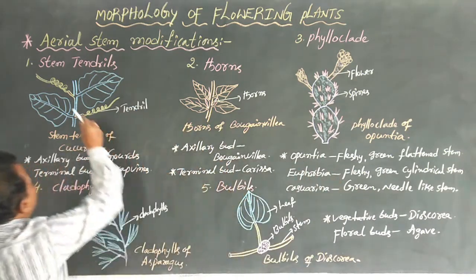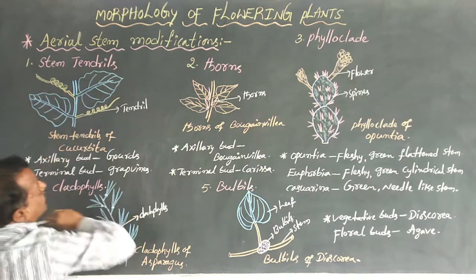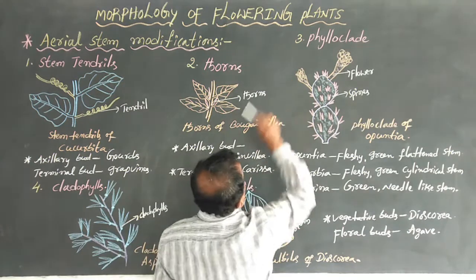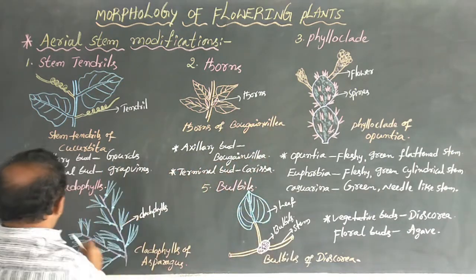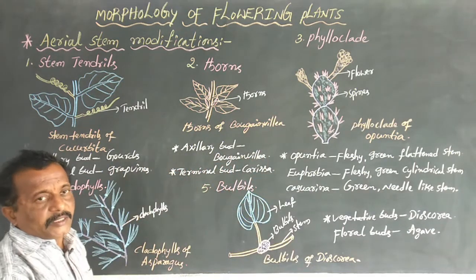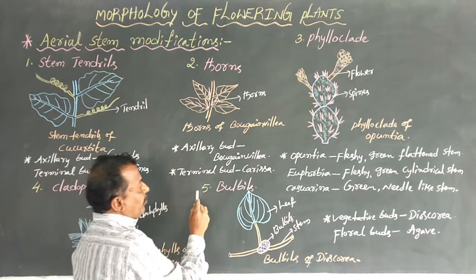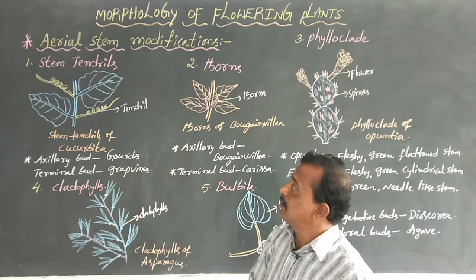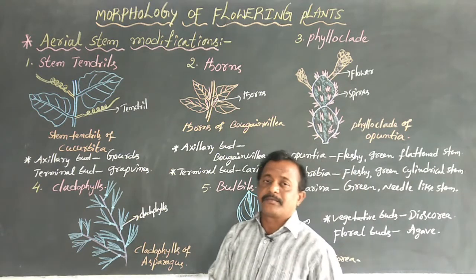They are namely: first one stem tendrils, second one thorns, third one phylloclade, fourth one cladode, fifth one bulbils. Now, first one, stem tendrils.